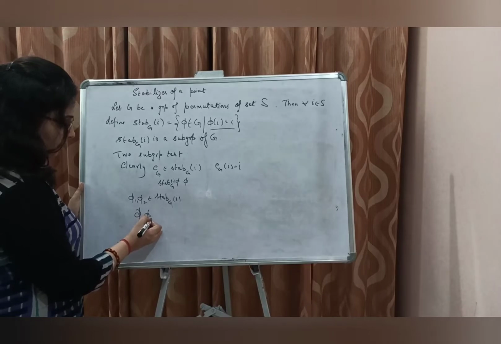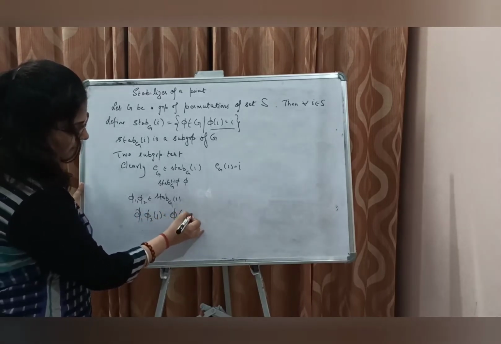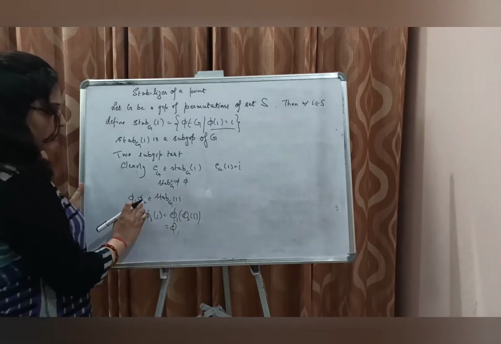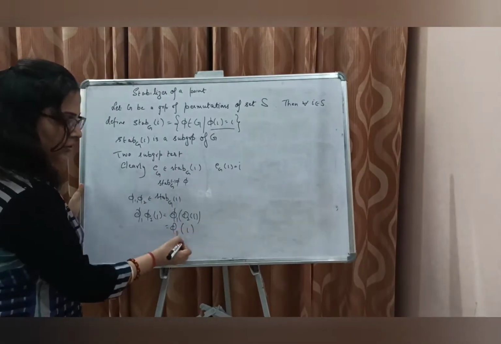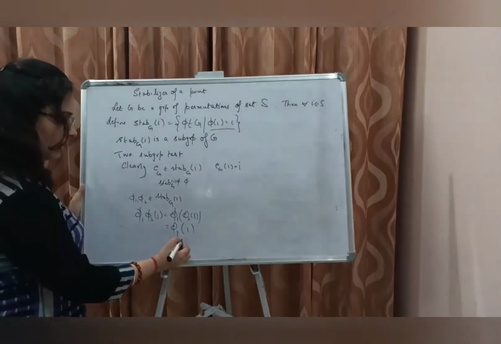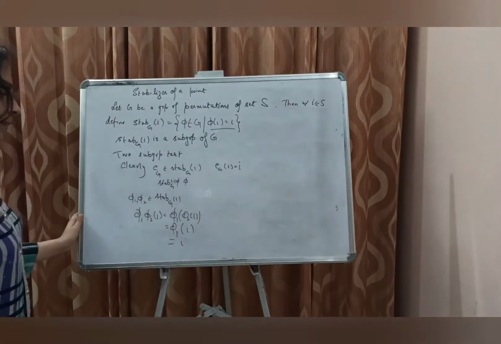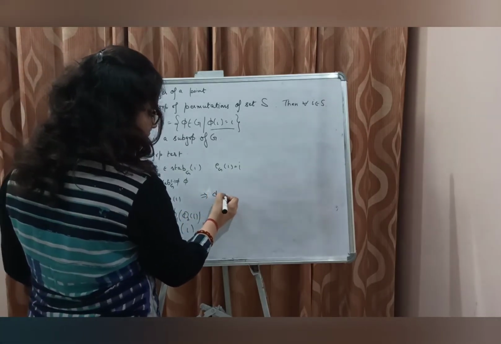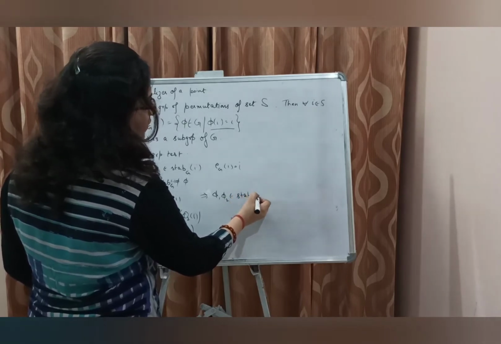Phi 1 phi 2 of I is equal to phi 1 of phi 2 of I. Now since phi 2 belongs to the stabilizer of I, phi 2 fixes I, so phi 2 of I is equal to I. Again, phi 1 belongs to the stabilizer of I, so phi 1 also fixes I. So phi 1 phi 2 of I is equal to I. This implies phi 1 phi 2 belongs to the stabilizer of I in G.